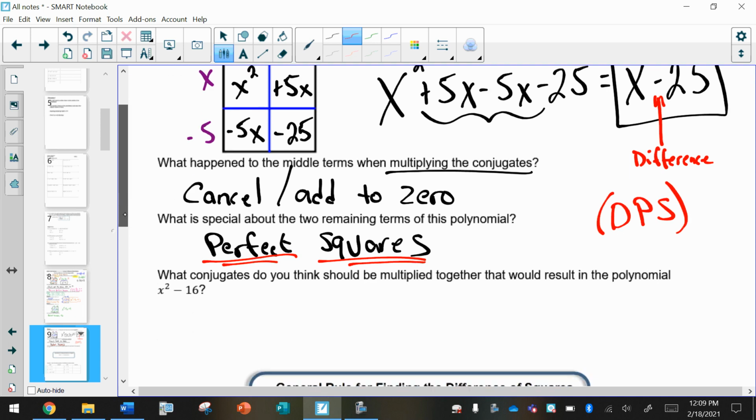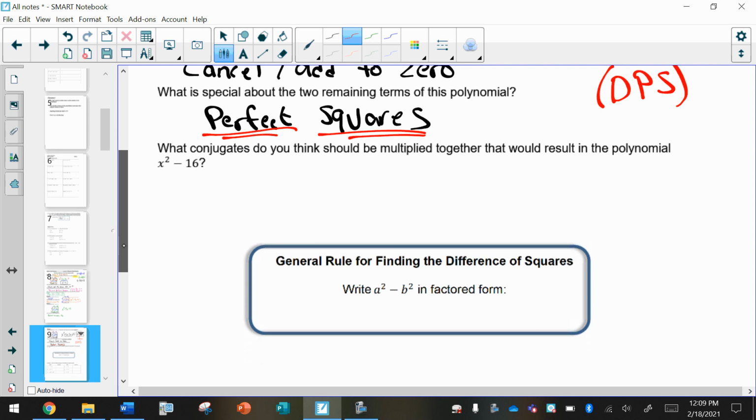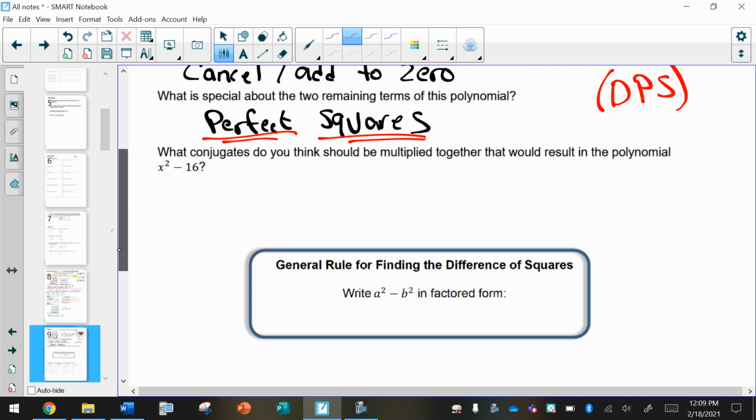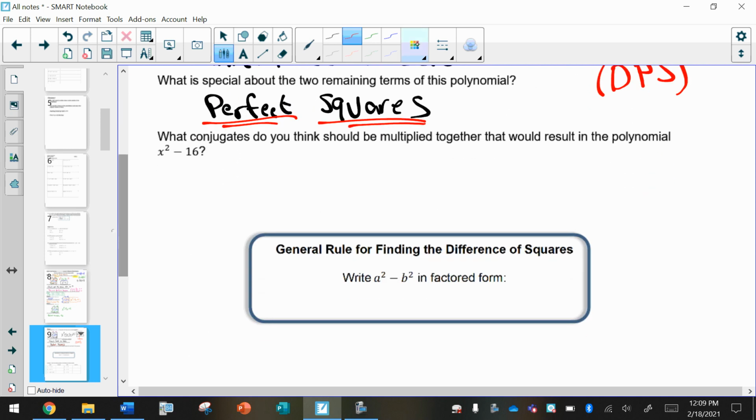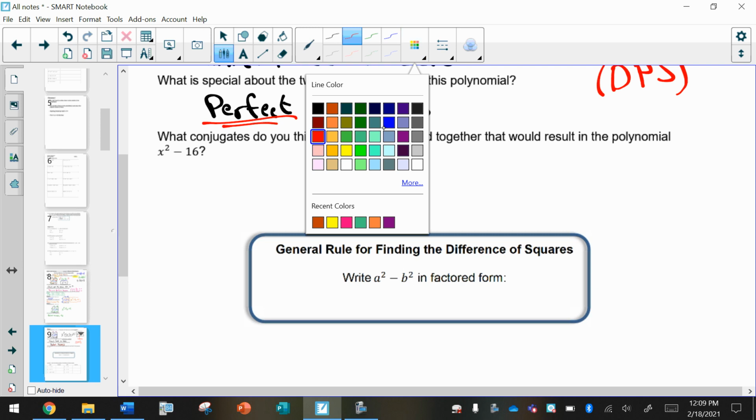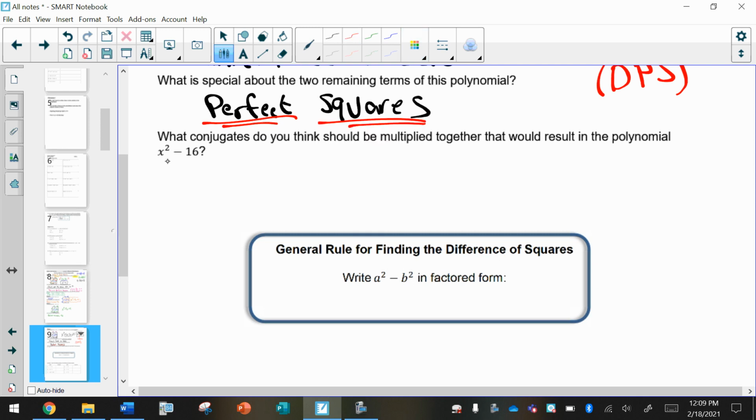So when working backwards, if you recognize that you have two perfect squares with subtraction in between, then you know it's a difference, the subtraction part, of perfect squares, the perfect square part.